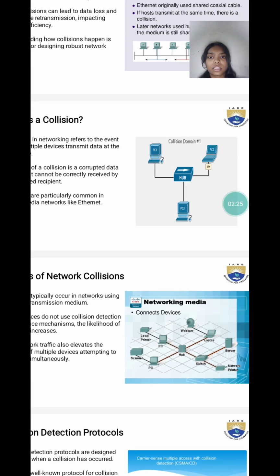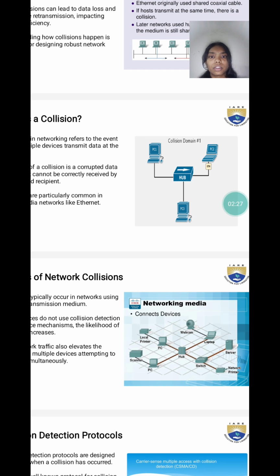Here you can see the example: there are two computers, PC1 and PC2, and in the middle a hub, which is a device, and we have PC3, computer 3. Computer 1 and computer 2 are attached to the hub, and both data are passed simultaneously from PC1 and PC2 to PC3.